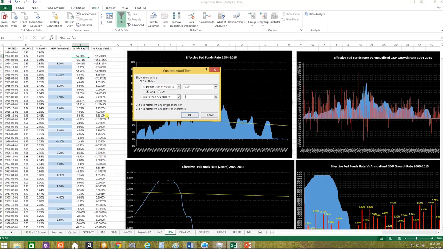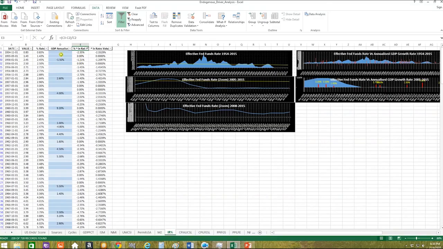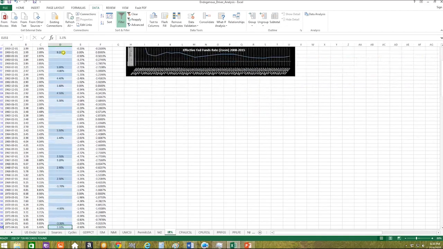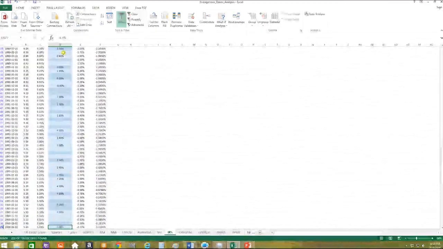So what we're doing here is we're looking for the percentage change in interest rates that fall between 0 and minus 5%, and we're going to look at the levels of GDP that correspond to these percentage changes in interest rates since 1954. And before I hit this OK button, it should be apparent that there's going to be a lot of them. And indeed there is. So we look at the quarterly GDP stats, and in your own time you can do this quite easily.